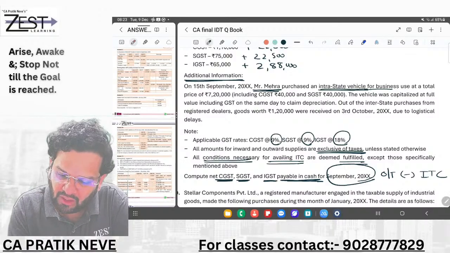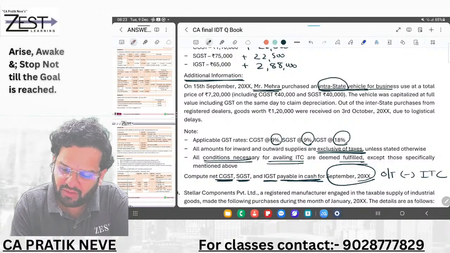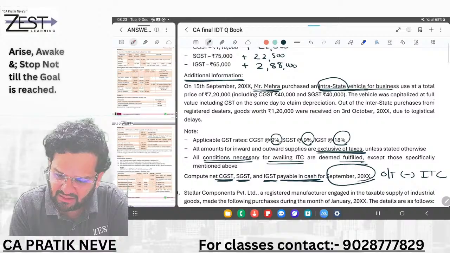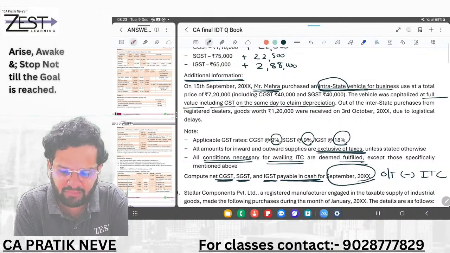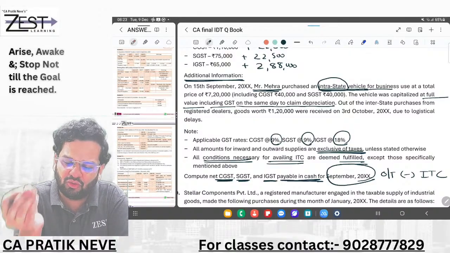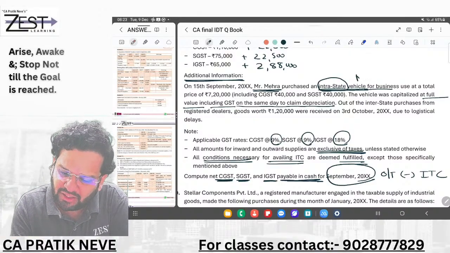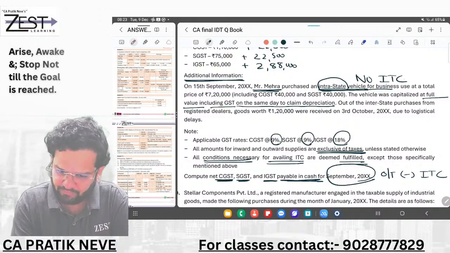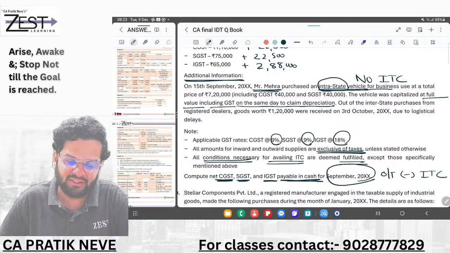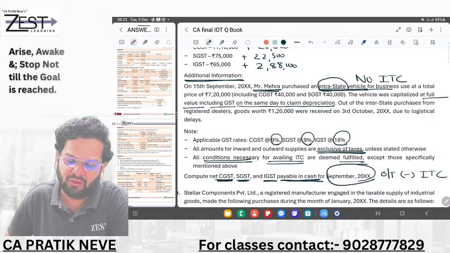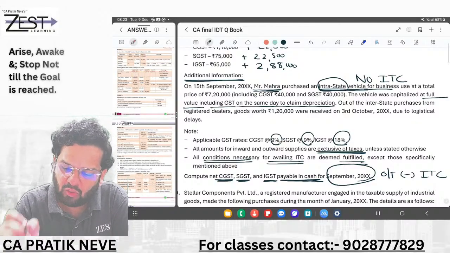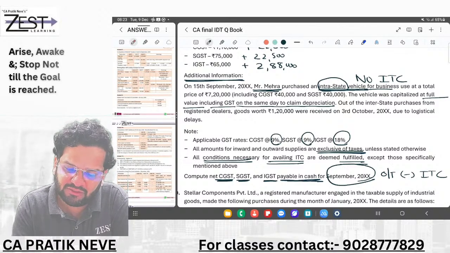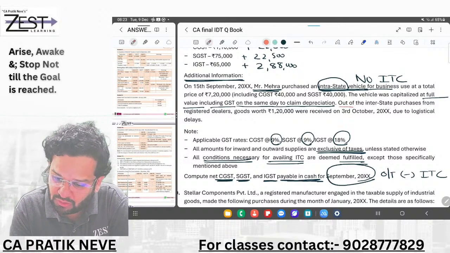Oh, now intrastate, the vehicle was capitalized at full value, including GST on the same date to claim depreciation. Anyways, you know, on vehicle you get no ITC. So there's no point reading this particular thing. You are not going to get ITC. Okay. Out of interstate purchase from registered dealers, this will matter to us.